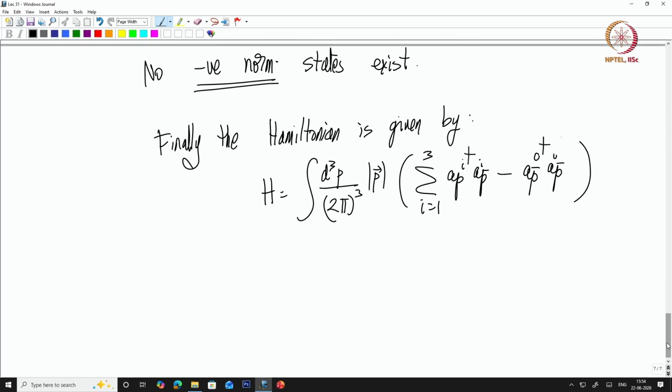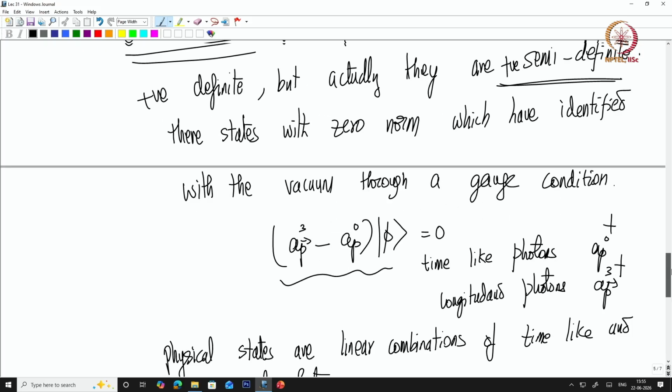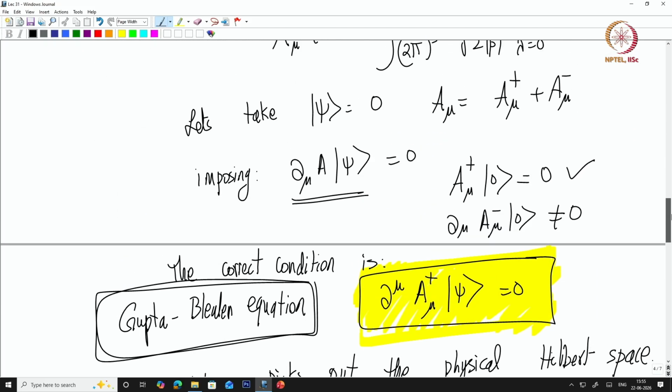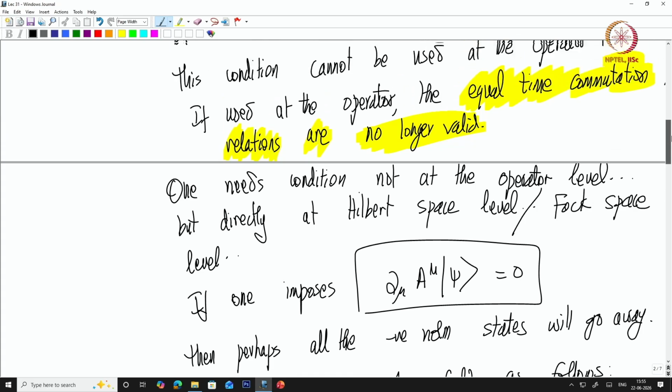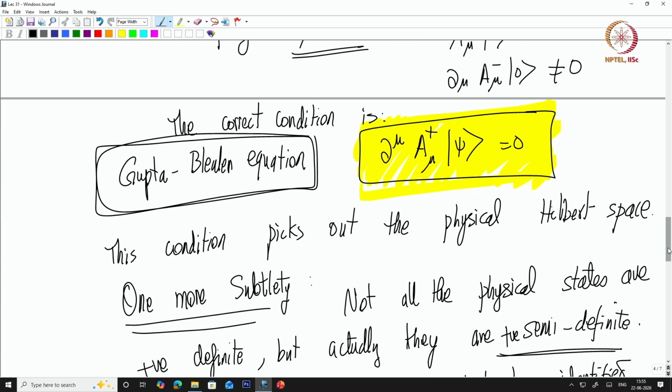Now, the good thing is that it turns out that the Hamiltonian is positive definite. The reason is purely this Gupta-Bleuler relation which we have seen.